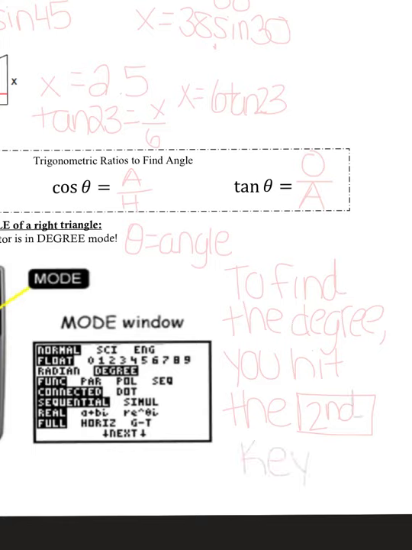Okay, so your calculator should already be in degree mode. I left the picture again there for you just in case you forgot to do it yesterday, but once it's set in degree mode, it should already be in there, okay? So remember the slogan. To find the degree, you hit the second key, okay? You all know where the second button is on the calculator.